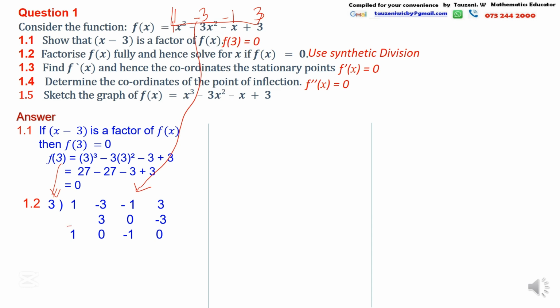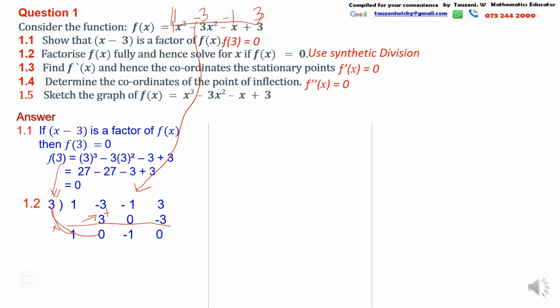Then we draw a line across and then do our division. The first value, you bring it down as it is. Then you multiply 3 times 1. The answer that you get, you write it under the next column. Then you add the two numbers and write the answer at the bottom. Then you multiply again, 3 times 0.